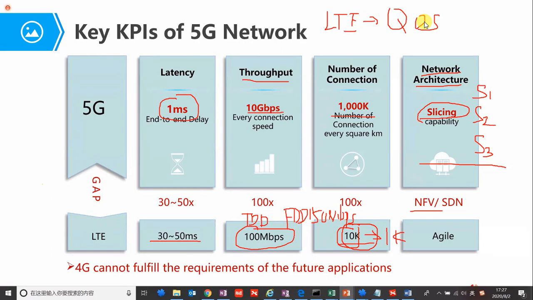It has QoS, but this QoS is best-effort, not an insured network. But 5G is more flexible and more insured. Okay, thanks.